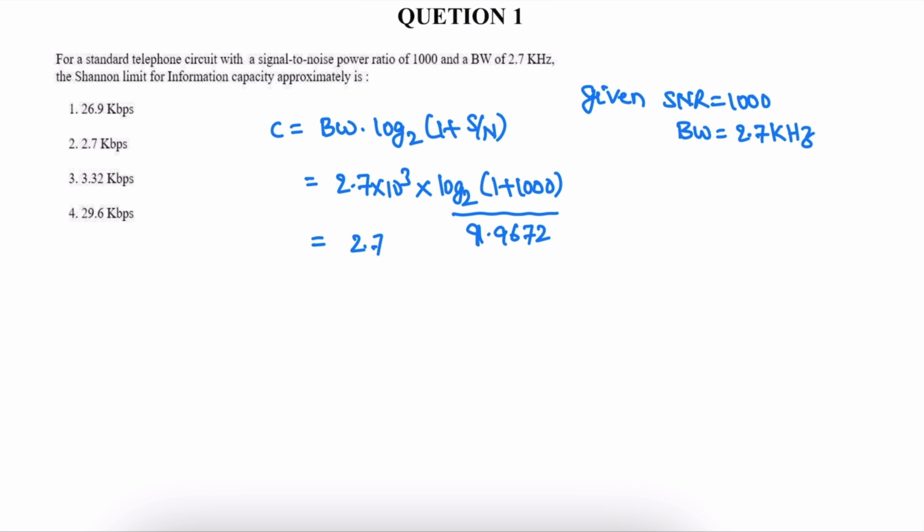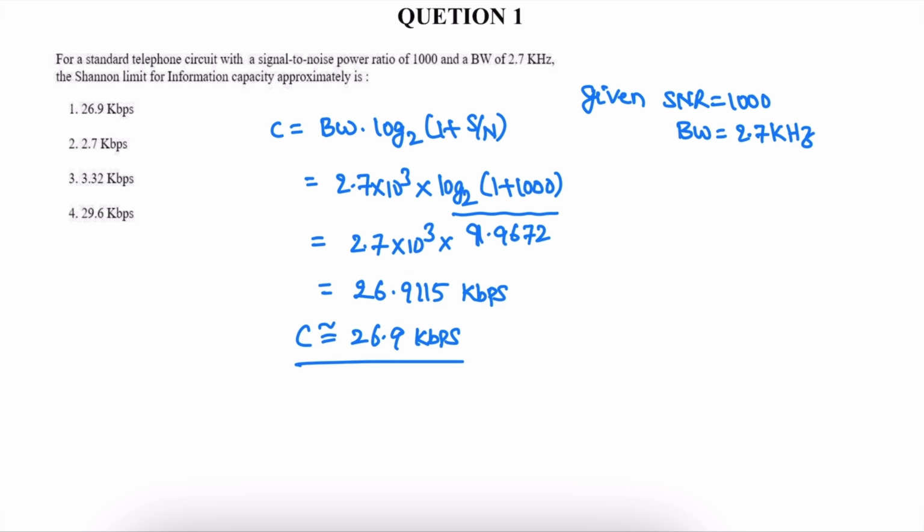So 2.7 into 10 cube into 9.9672, that is 26.9115 kbps, approximately 26.9 kbps. This is the capacity C, kilobits per second.